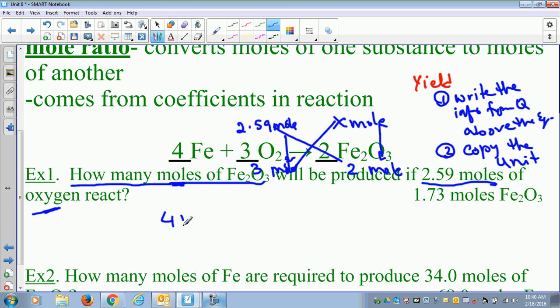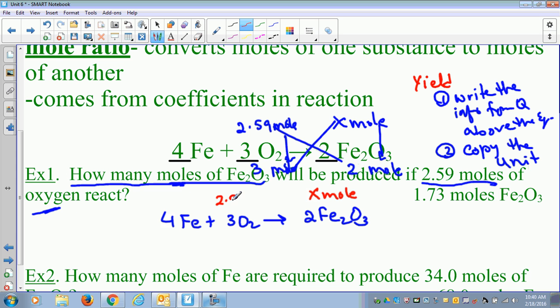I'm going to repeat it because this is the easiest way you can learn stoichiometry. Let's do it again. It says how many moles of Fe2O3, so you say X moles. You have 2.59 moles of oxygen.